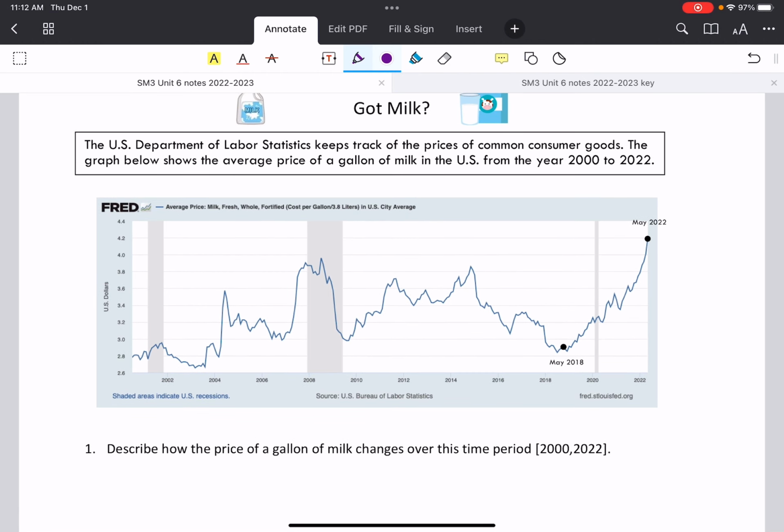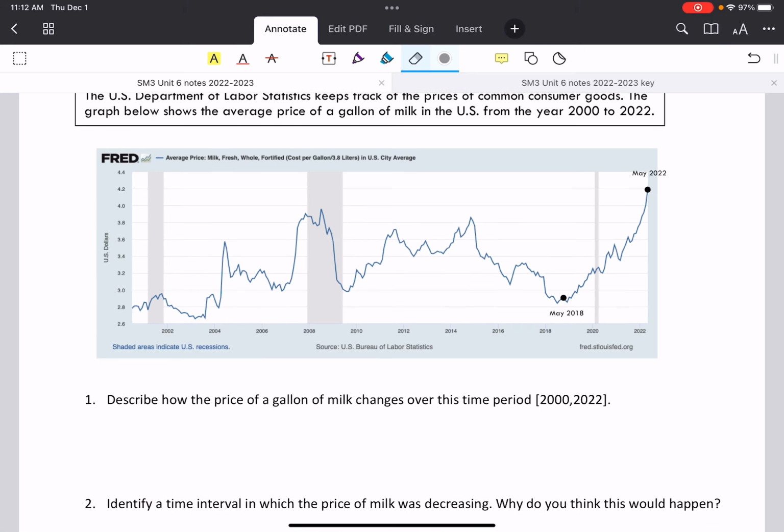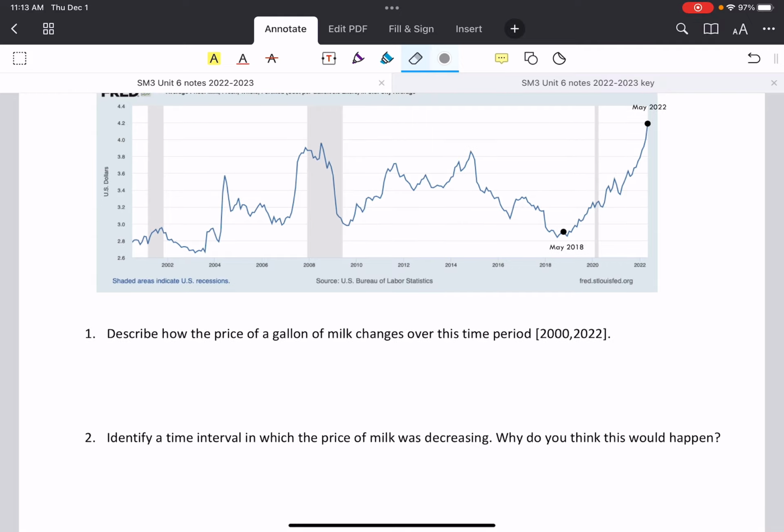How does the price of a gallon of milk change over this time period? What does it look like? Is it a straight line? No, it goes up and down. Okay.